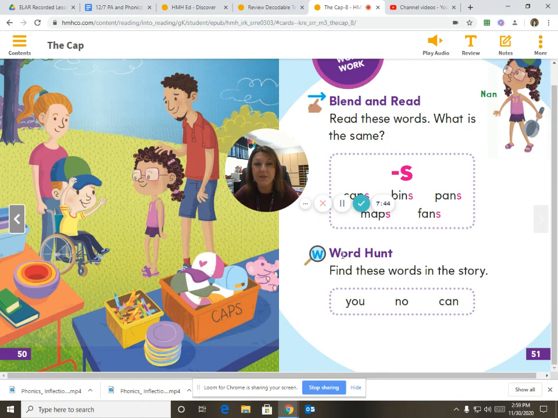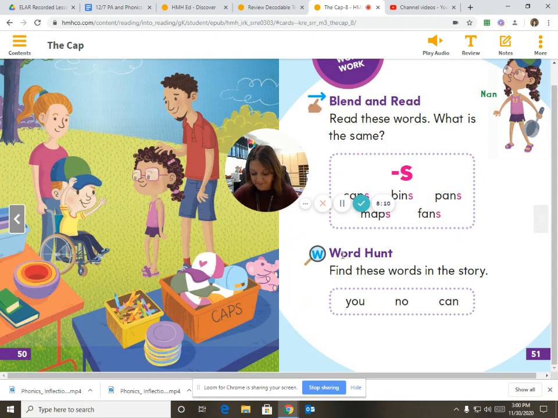Okay, if you said solving a problem or something like that, you're correct. In the cap, her cap didn't fit anymore, and she had some other things they wanted to get rid of. So they had to solve a problem, and they had a yard sale to solve that problem. In cans and bins, there were cans everywhere. So they had to solve the problem of picking that litter up and putting it in bins.